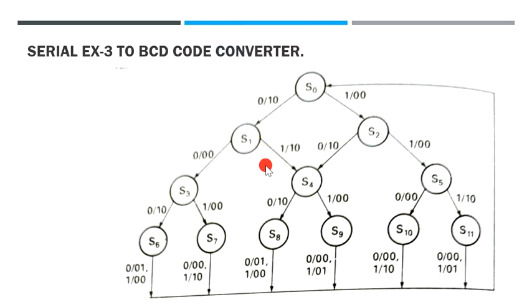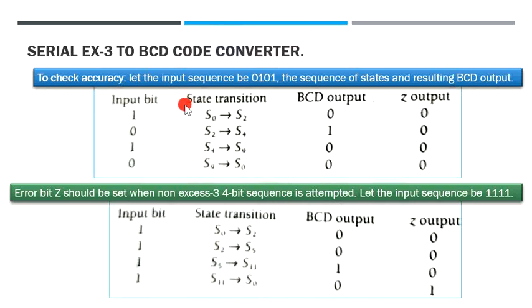If the fourth XS3 bit is incorrect, then Z will be equal to 1. In order to check this, we are going to check the accuracy. We will consider the sequence 0101 as the input, and we will see the sequence of states and the resulting BCD output.